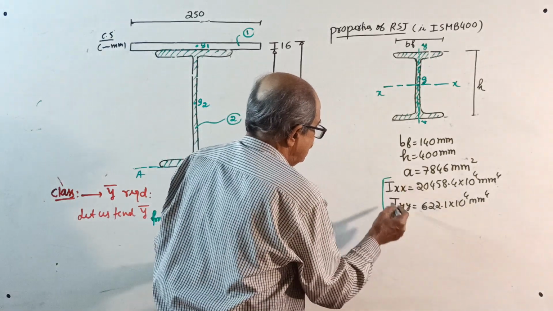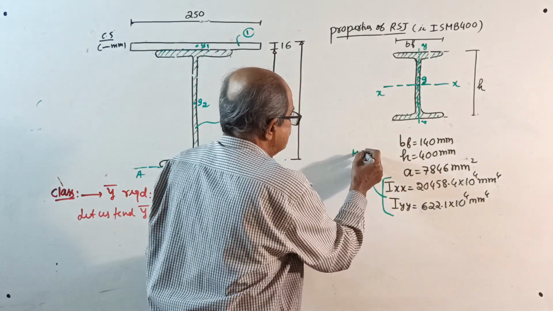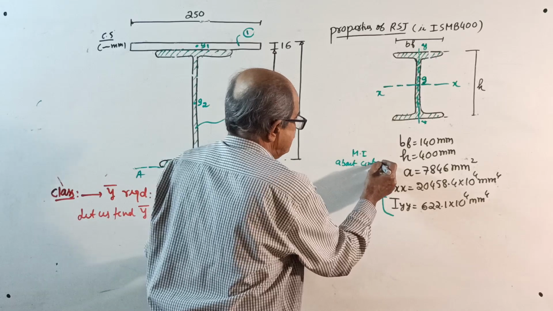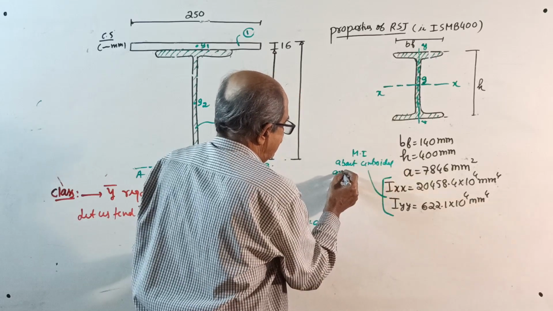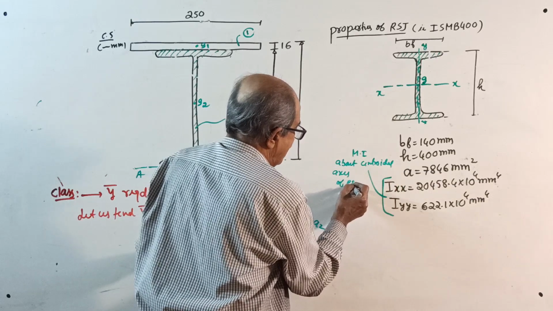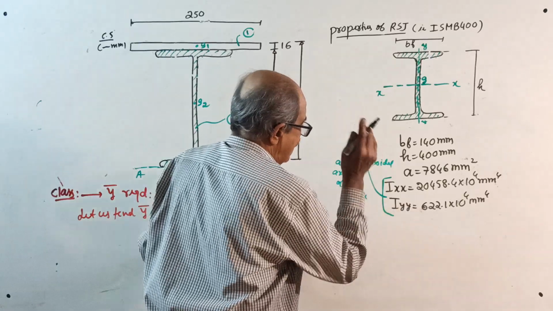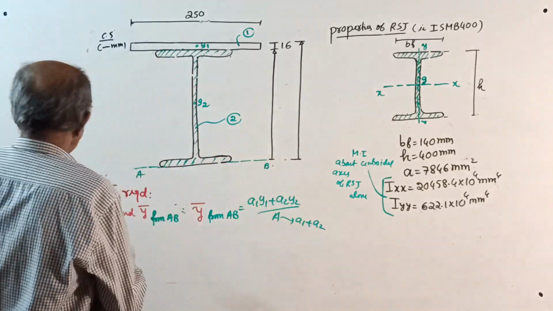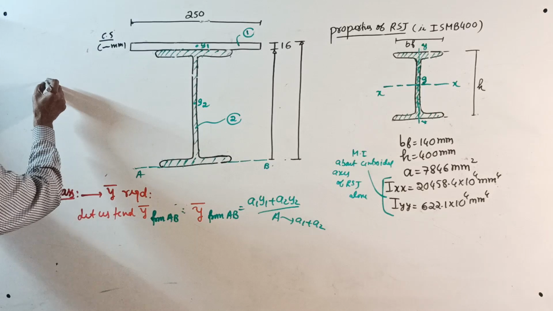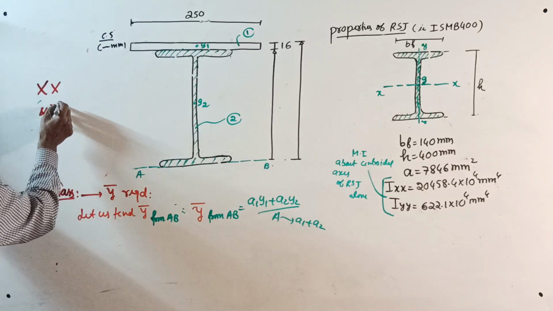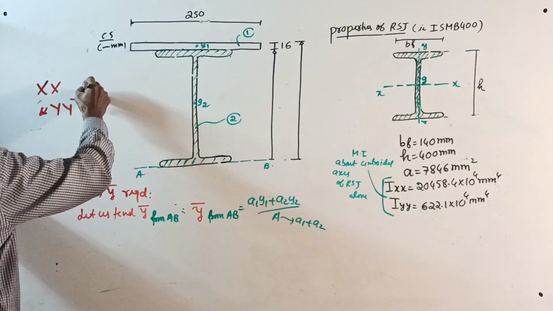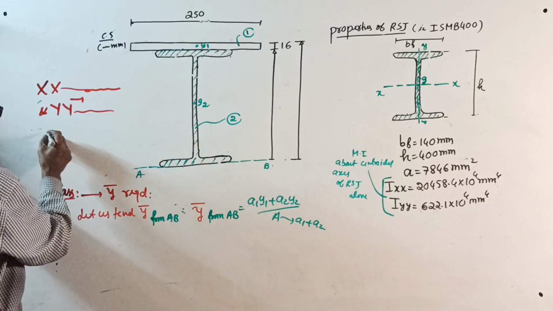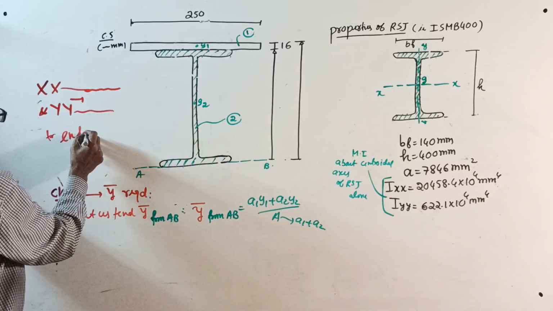These are nothing but the moment of inertia about the centroidal axis of the RSJ alone. This XX is not this XX here. Now we want XX and YY, that is, the horizontal centroidal axis XX and the vertical centroidal axis YY for the entire cross section.